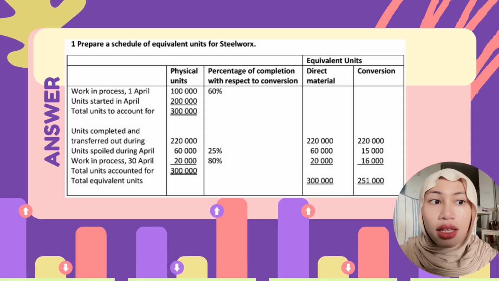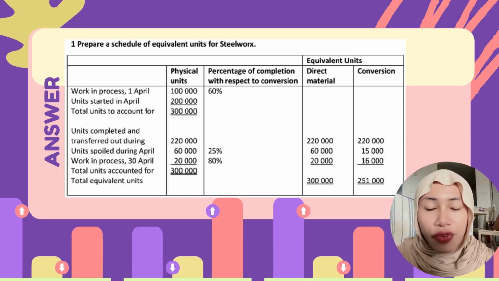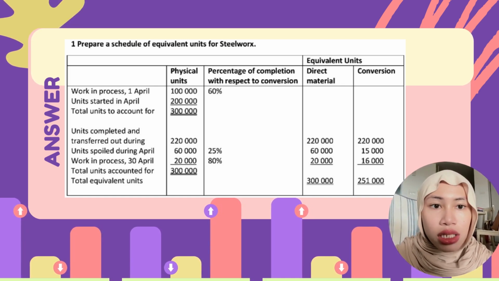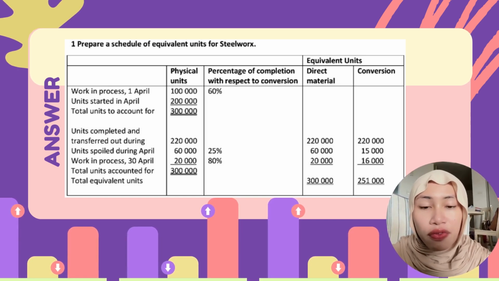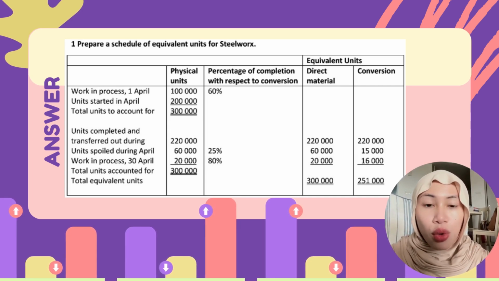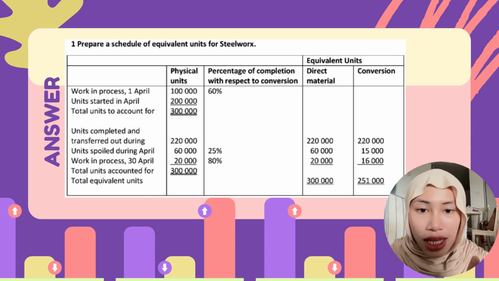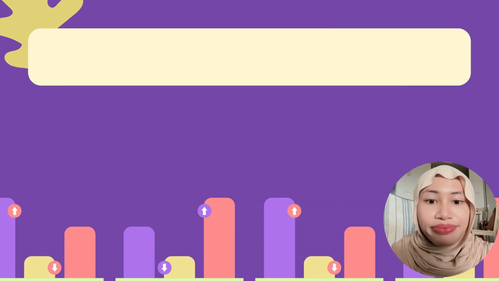So we add all of it, which is the units completed and transferred out, the units spoiled, and the work in process. For the conversion, we will get 251,000, while for the direct material, it is counted without multiplying by the percent, then we will get 300,000.